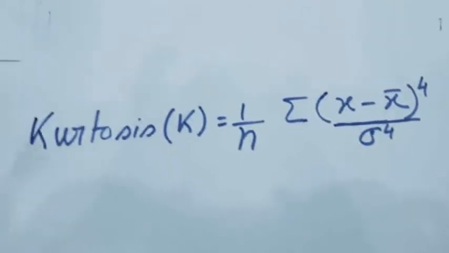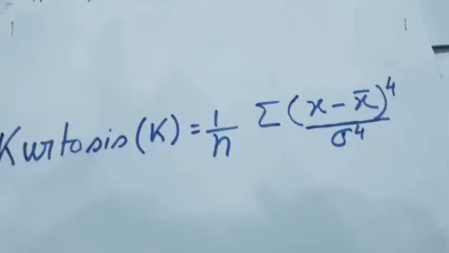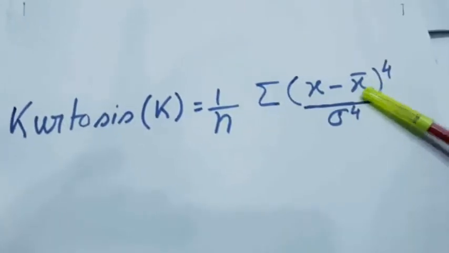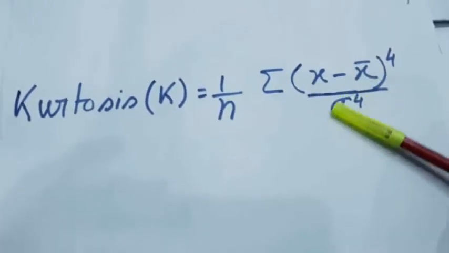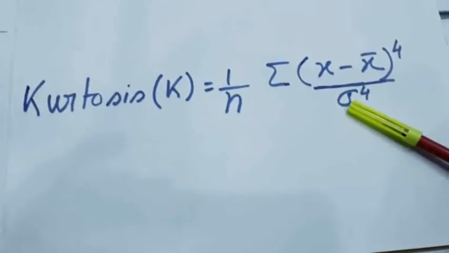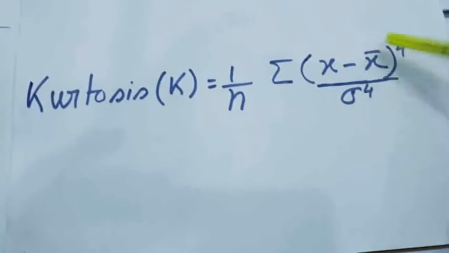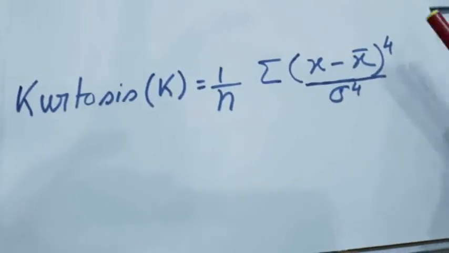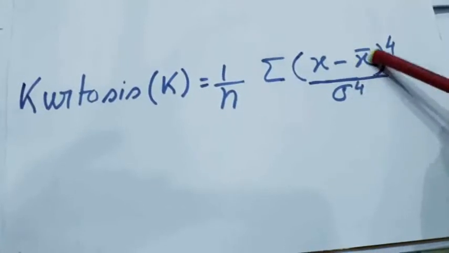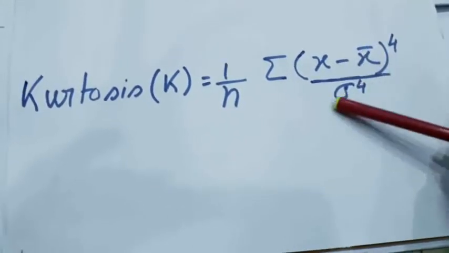Here x is the observation, x bar is the mean of the observation, and sigma is the standard deviation. It means to get the value of kurtosis, we have to get the value of x bar as well as sigma.